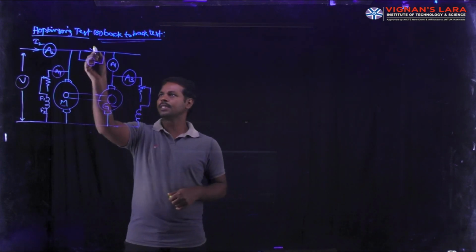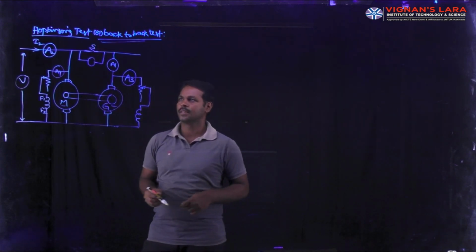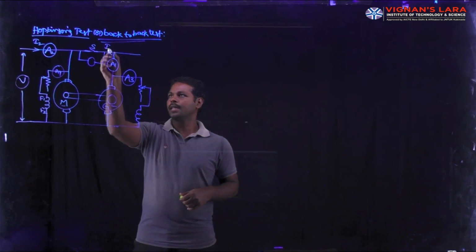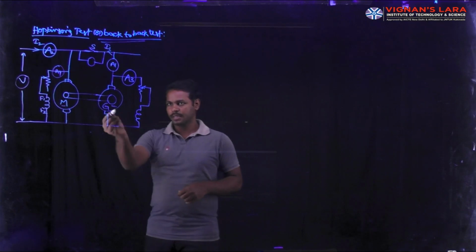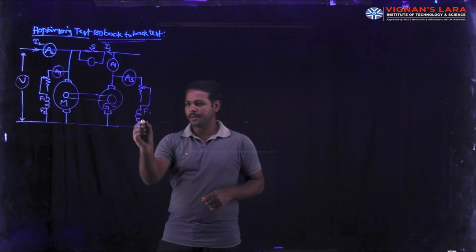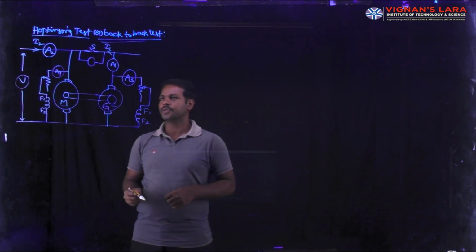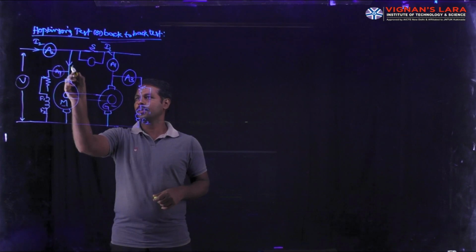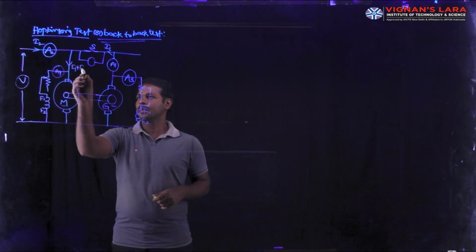Current I1 is generated by the generator. Current I3 flows through the field winding F1 and F2. Another current given to the motor is I1 plus I2.